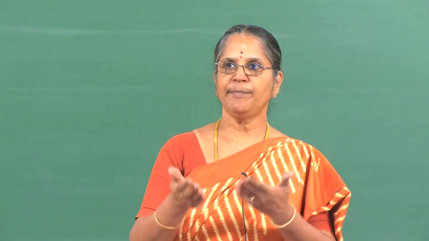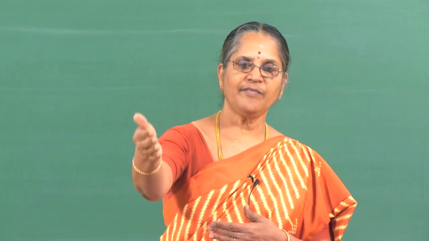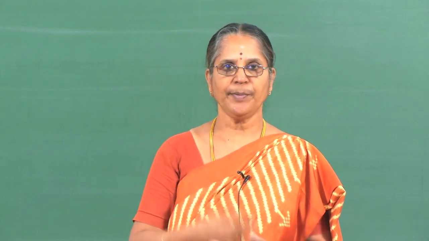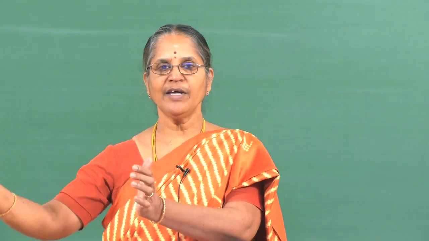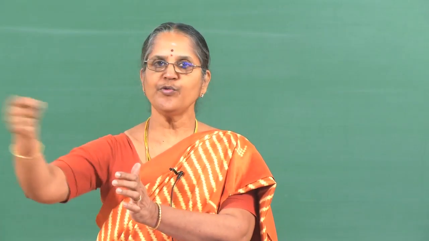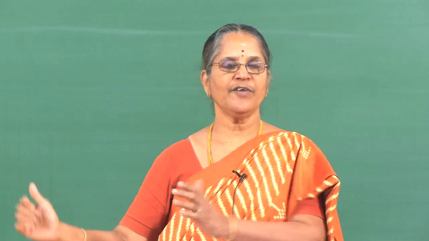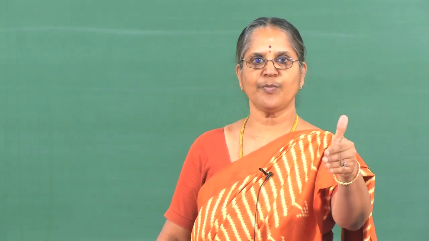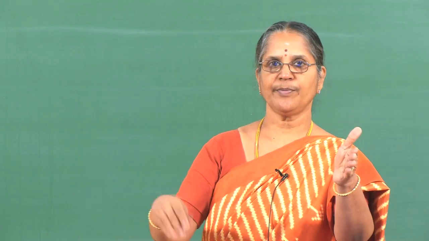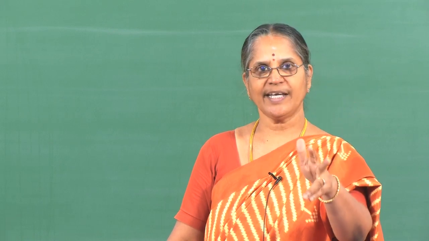P3 is simply P2 of x, namely the quadratic interpolation polynomial that we already have computed, plus an extra term which arises due to the new information that is given to us. You know what the extra term should be. If x0, x1, x2 are the previous points and x3 is the new point, then the extra term is going to be plus a times x minus x0, x minus x1, x minus x2.